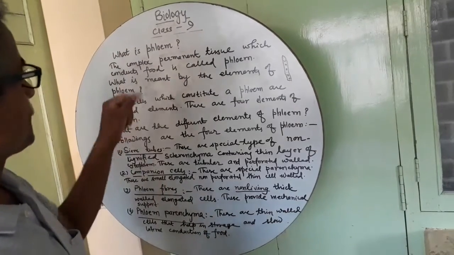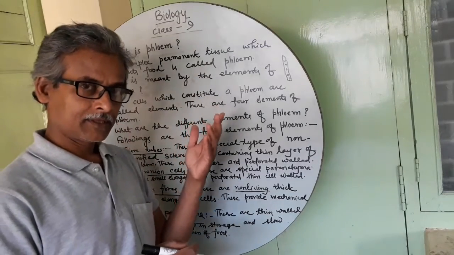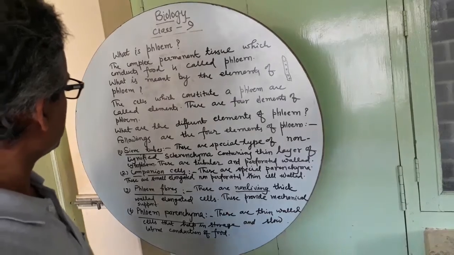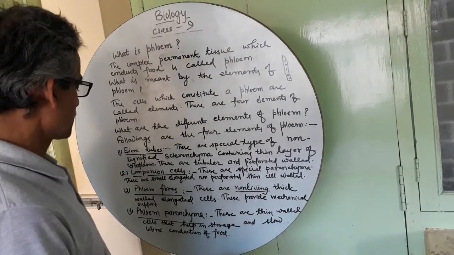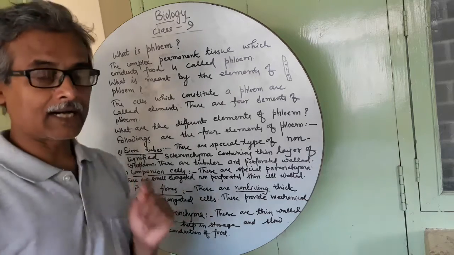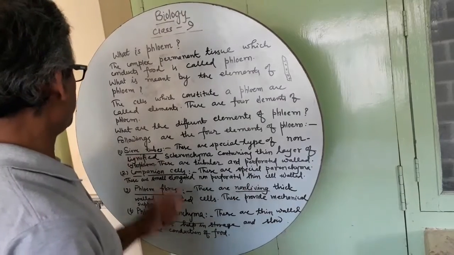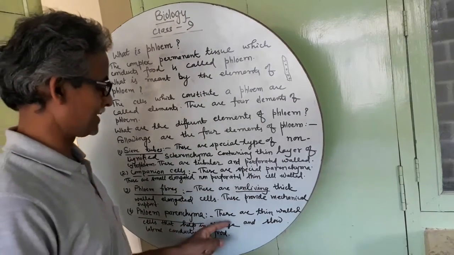So, in the phloem, which is a complex permanent tissue, among the four elements, three are living cells: sieve tubes, companion cells, and phloem parenchyma.